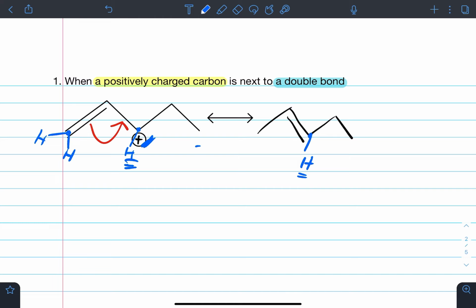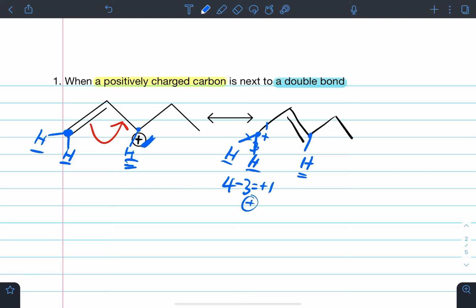But if we take a look at this carbon, I still have these 2 carbons that I never lost, right? But the thing is, I lost a bond. I originally had this bond here, which gives this carbon 4 bonds. But now I only have 1, 2, 3 bonds on this carbon, which gives me the formal charge of positive 1.